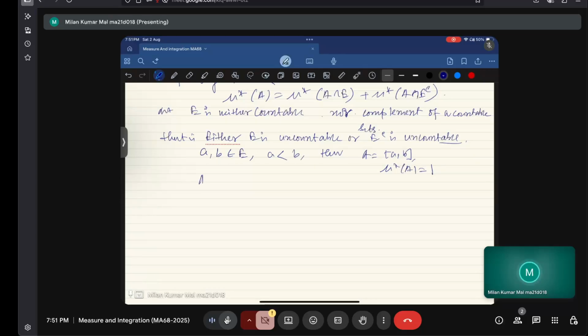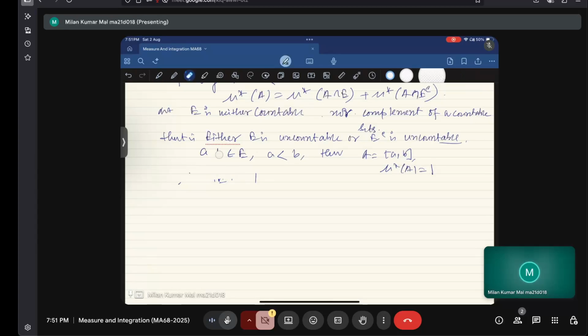And now A intersection E, this is also equal to 1 or less than or equal to 1. E is uncountable. Okay, E is uncountable.